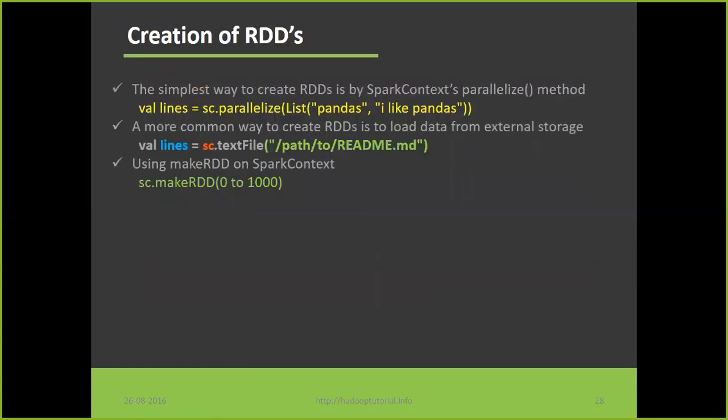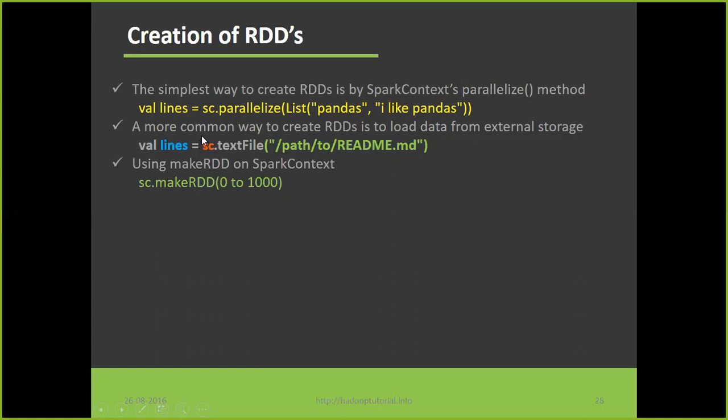These are the three different ways you can create an RDD. Either you pass a collection as a parameter: sc.parallelize, provide any collection. It could be a list, a sequence, it could be a map also. Pass a collection and create an RDD. This is one way.